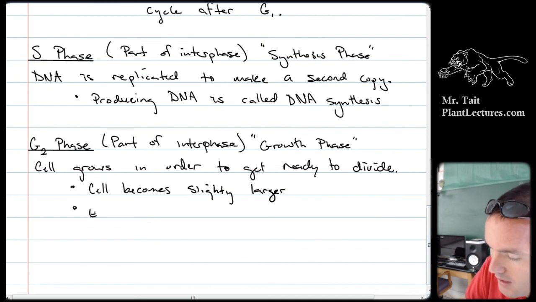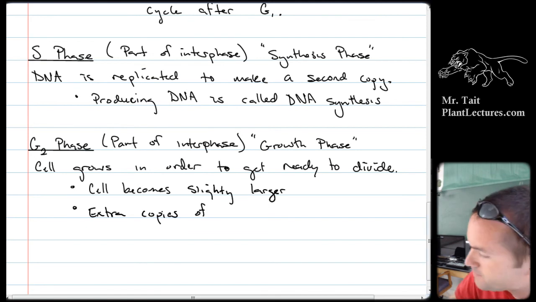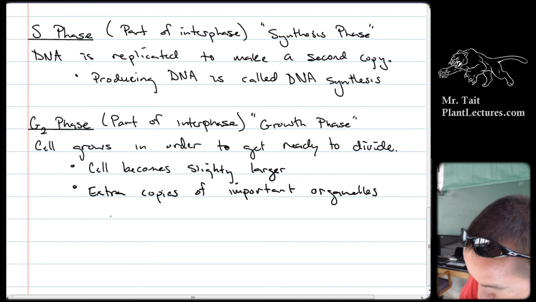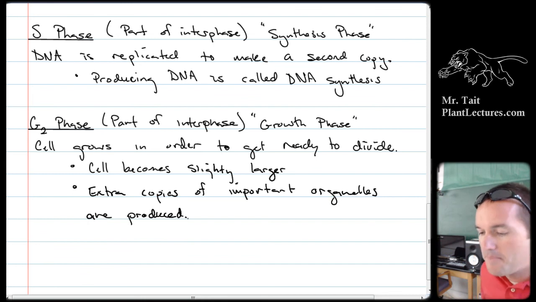But more importantly, extra copies of important organelles like mitochondria are produced. Okay, and it has to do this because it's going to split into two cells, and each of the cells then is going to have half as many organelles as it used to. And so if you have one where you already don't have that many of them, like mitochondria, you need to make more of them so that each of the cells will have enough to be able to do its job.